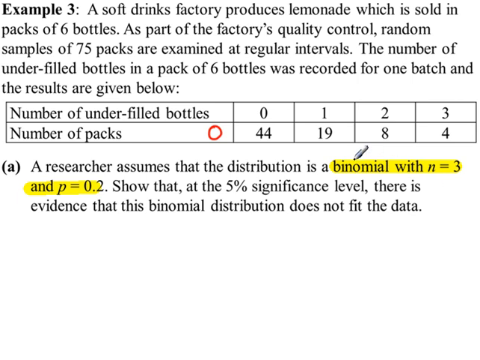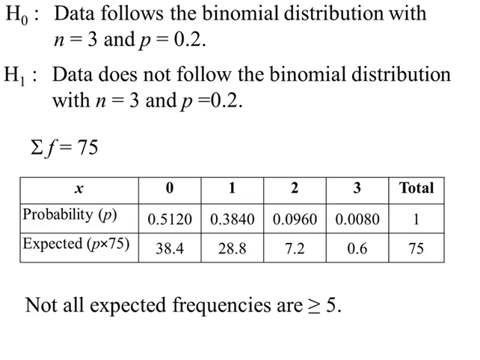And we're using a binomial distribution with n equals 3 and p equals 0.2. So we're going to test to see if our data fits this binomial model. So H0 and H1: mention the binomial distribution with its assumed parameters. The total frequency is 75.